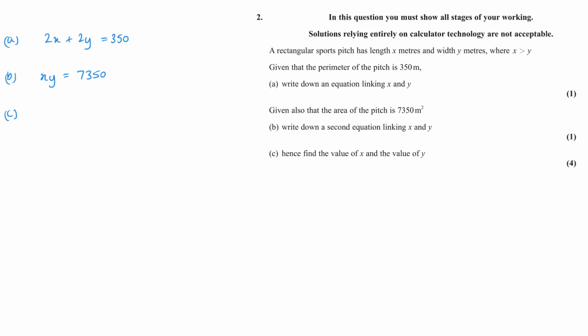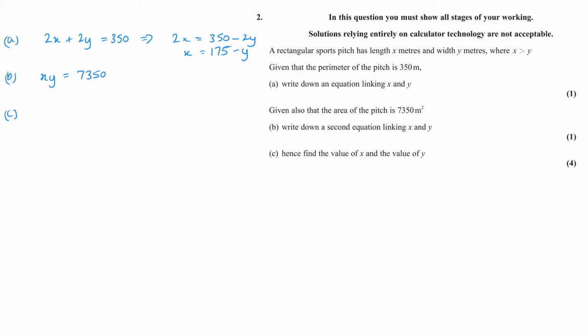So I want to rearrange this. So this could be written as 2x equals 350 minus 2y, or x equals 175 minus y. So that's what I'm going to substitute in.